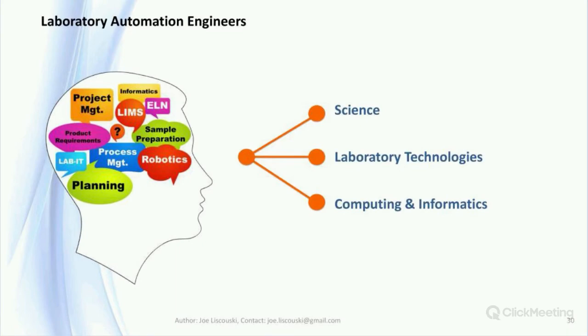They need to be strongest in laboratory technologies and their application to lab work, good in the sciences, and competent in computing and informatics. The depth of knowledge in the last point will depend on the organization they support and the availability of in-house IT groups.